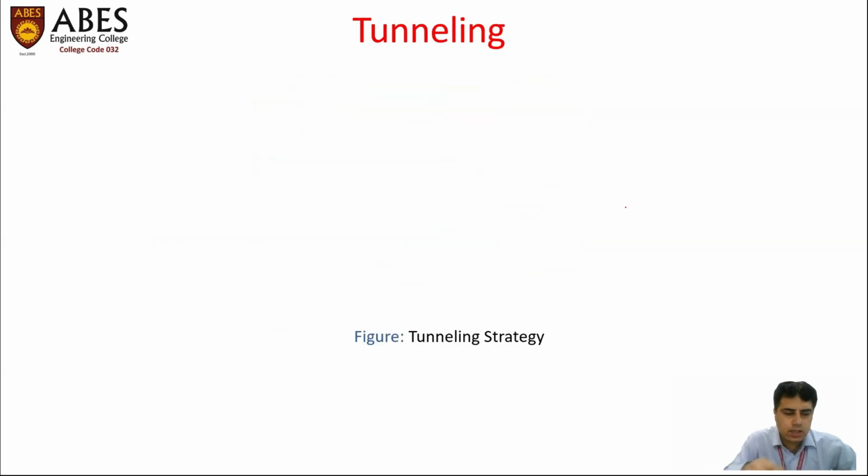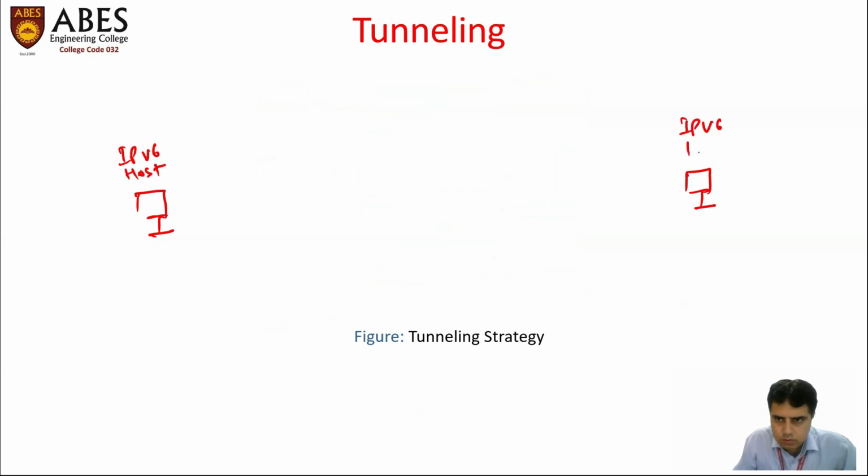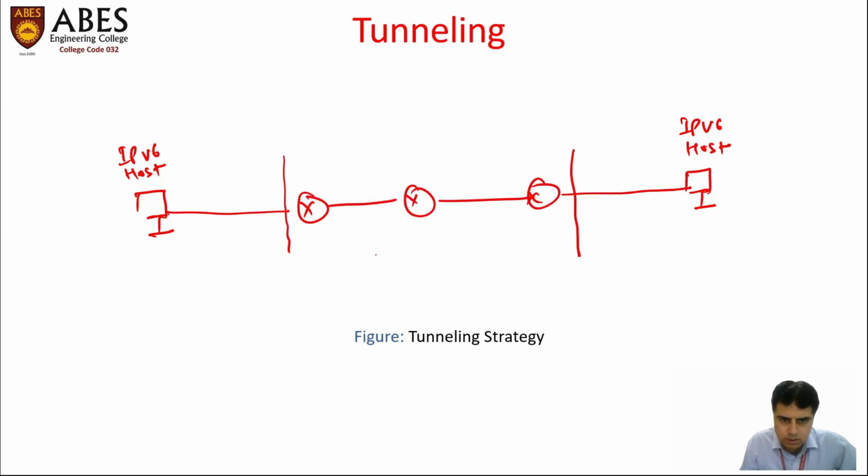Next is tunneling. In this, there is a host computer and this is the destination host. Both are using IPv6. Both are communicating via routers. These routers are currently using IPv4.